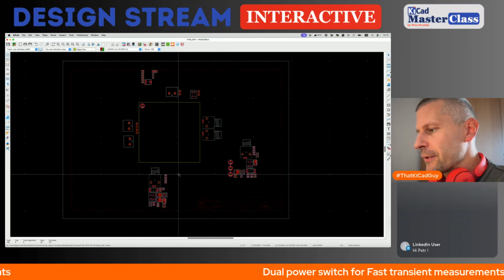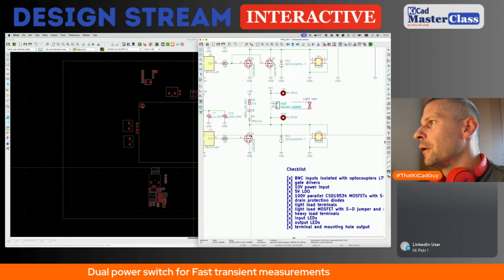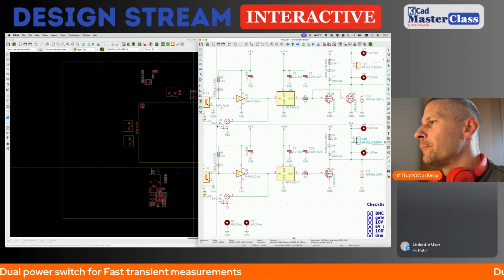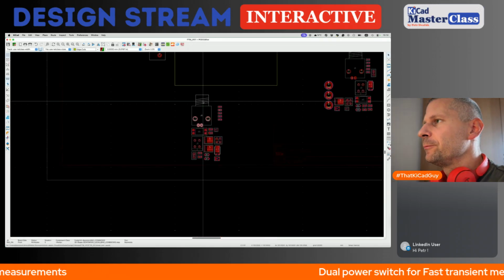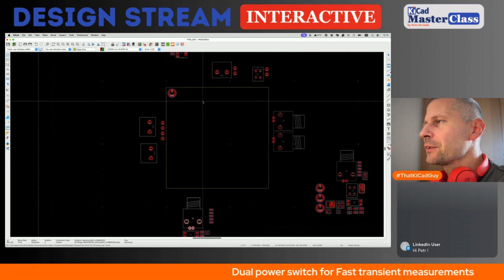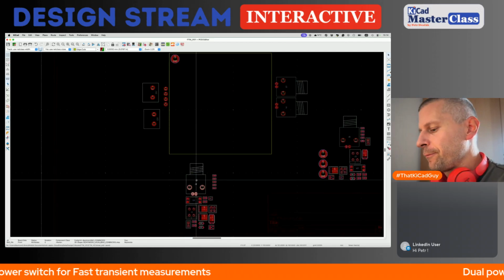And we have the BNCs monitoring the outputs. These two pieces will be at best on the left side, because my scope is on my left hand side.